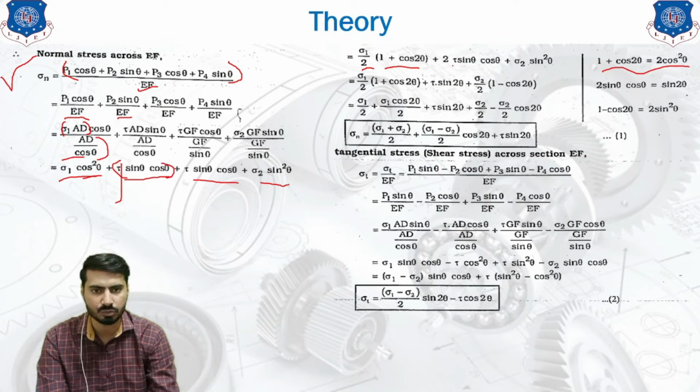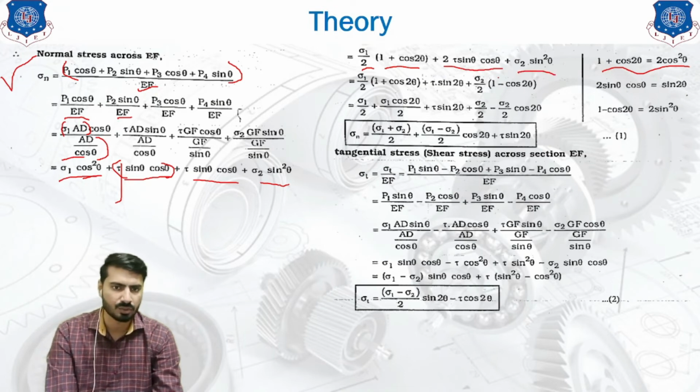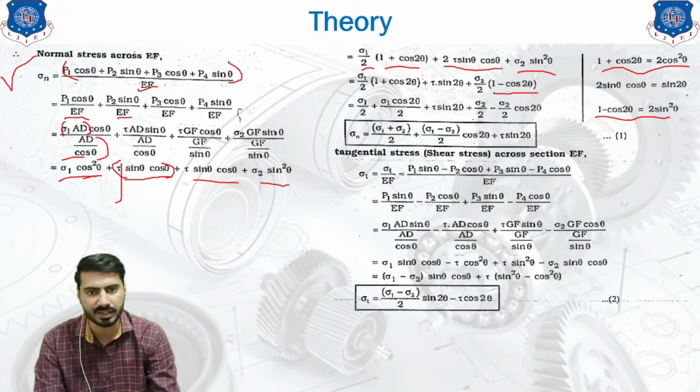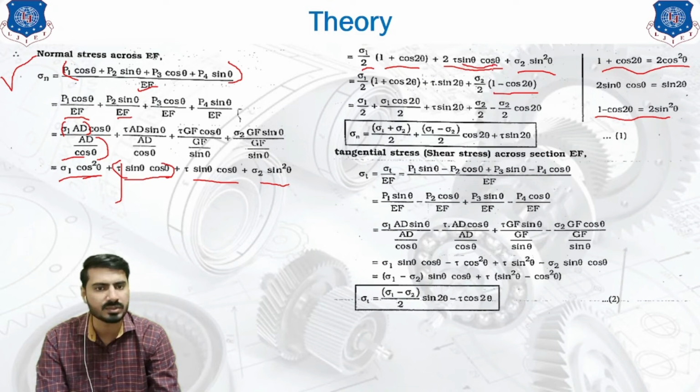That's why we have written 2 tau sin theta cos theta, and we have kept sin square theta as it is. We will use this trigonometry notation in the next step. So you will see instead of sin square theta, 1 minus cos 2 theta is used. Now 2 sin theta cos theta is another trigonometric identity, sin 2 theta.